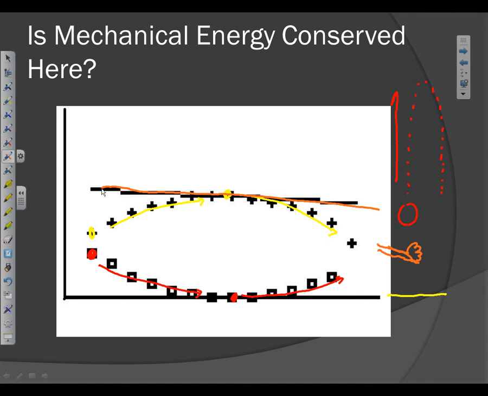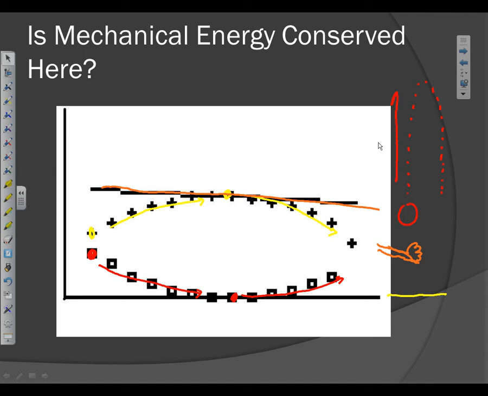And conservative forces would keep the total amount the same, but it's not. Okay? Good there? What does that ball encounter as it flies through the air? Wind resistance, air resistance, anything that we want to call it. But that's not a conservative force. That's a non-conservative force.